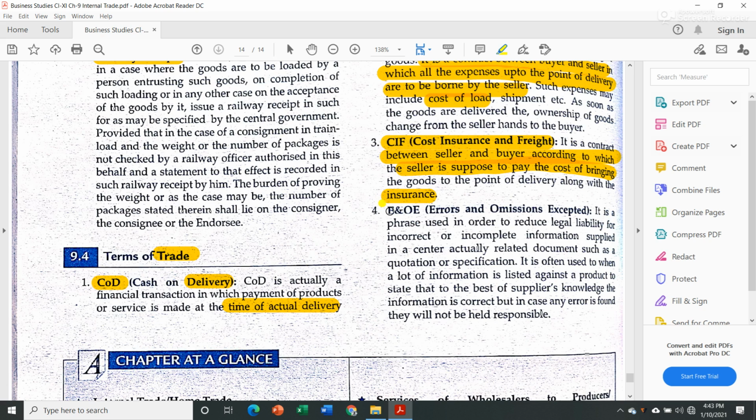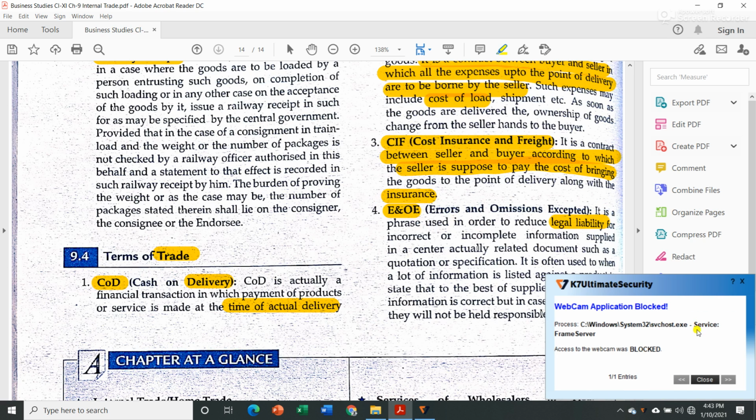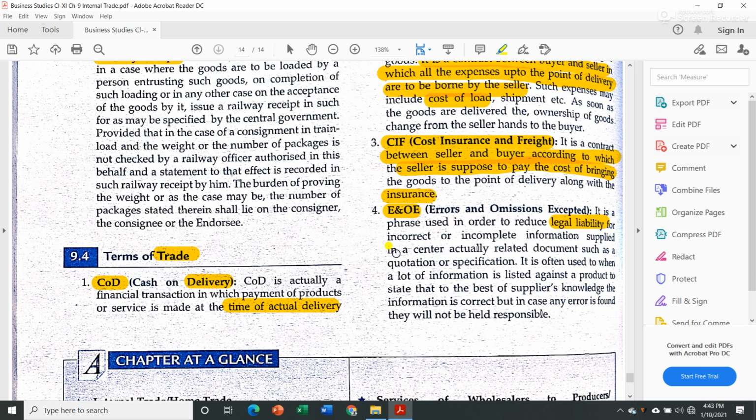And the last one is E&OE, meaning errors and omissions excepted. It is a phrase used in order to reduce legal liability for incorrect or incomplete information supplied in a document such as a quotation or specification.